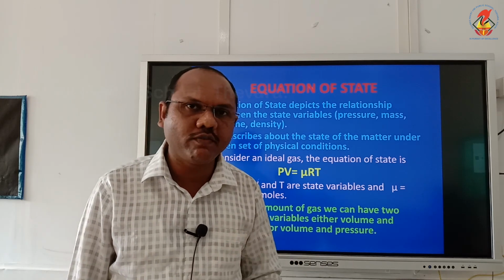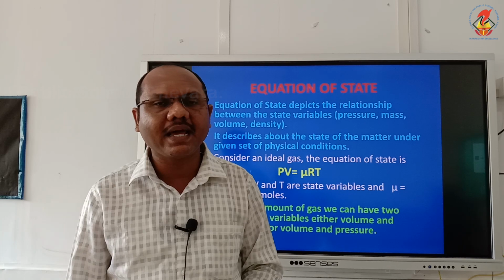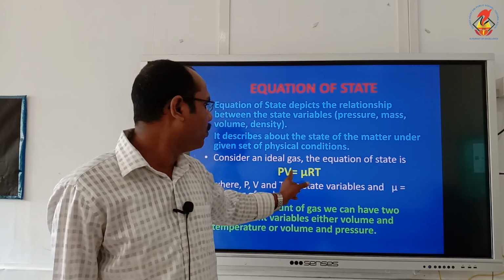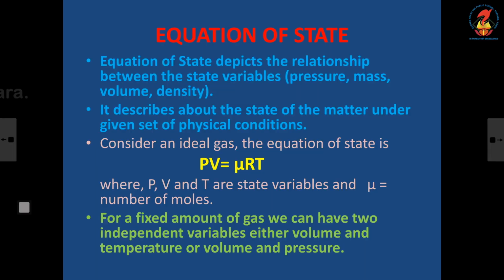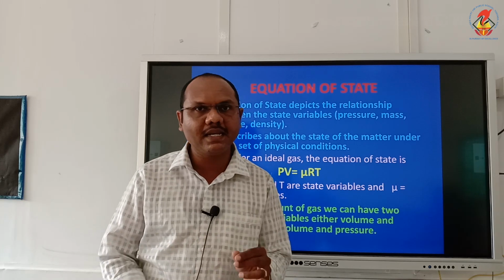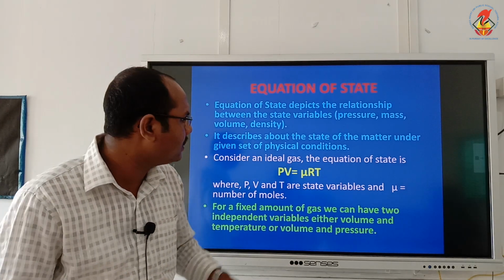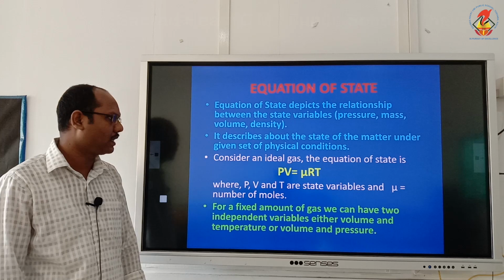For n moles of an ideal gas, we can write the equation of state as PV = μRT, where P is pressure, V is volume and μ is the number of moles. Instead of μ, you can write small letter n also. Small letter n is also the number of moles. And R is called the universal gas constant, T is the temperature.